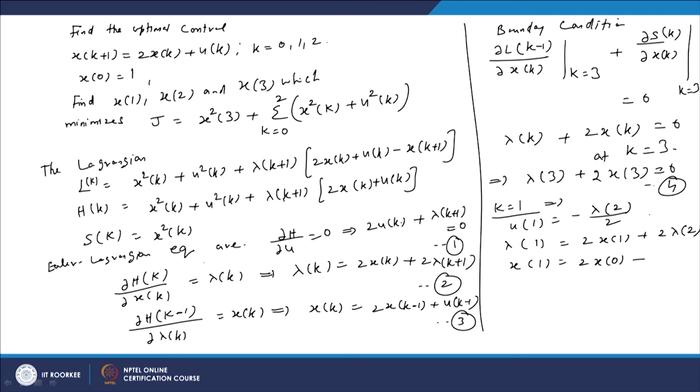So, u of 0 is nothing but minus lambda of 1 by 2 from equation 1. So, we get a set like this.